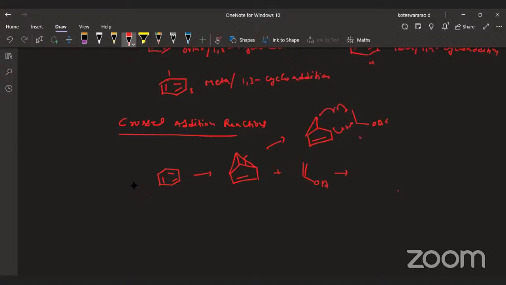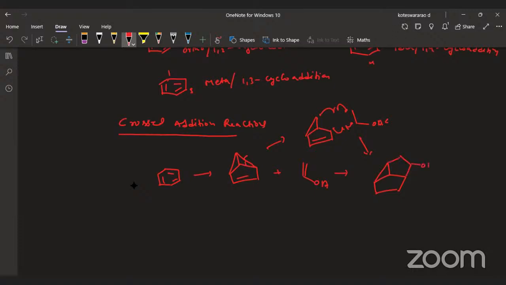That leads to the formation of the product. The double bond is added here.